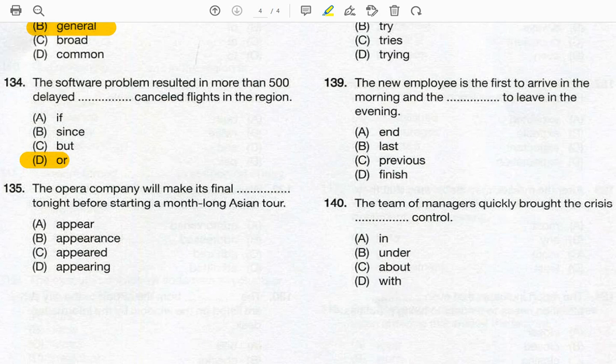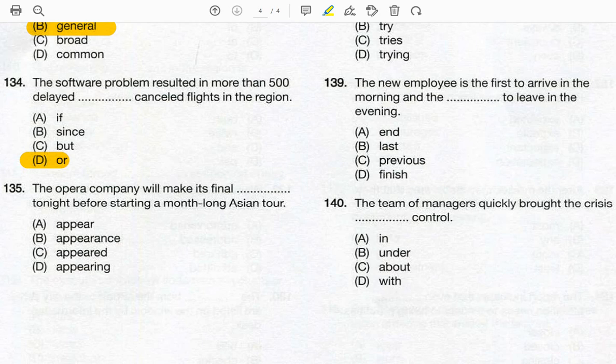If cancelled flights in the region, but cancelled flights in the region, also is not possible. Only delayed or cancelled, because or is a conjunction connecting delayed and cancelled.